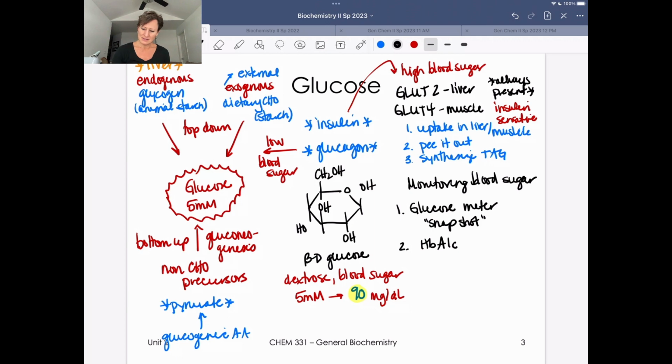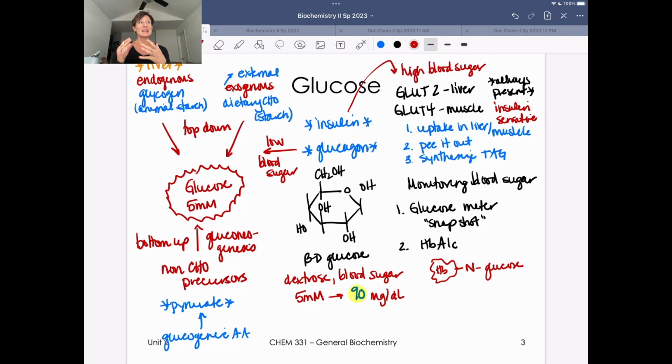If we think about the structure of hemoglobin, remember hemoglobin is a protein that lives in your red blood cells that helps to transport oxygen in your circulatory system. There are N-termini in hemoglobin monomers that can be glycosylated. They can form a glycosidic bond to glucose. And in that way, they can tell you how sugary that soup of your blood is.